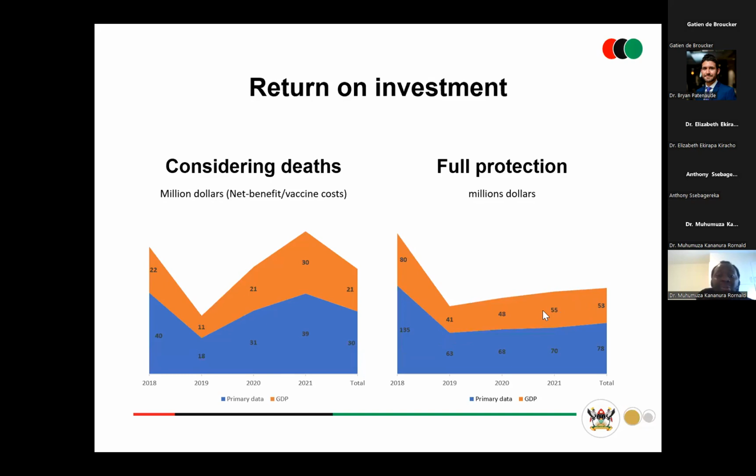In terms of return on investment, from the primary data, we see one unit cost on rotavirus vaccine, when we consider the scenario of having some deaths, in the overall leads to $21 million.